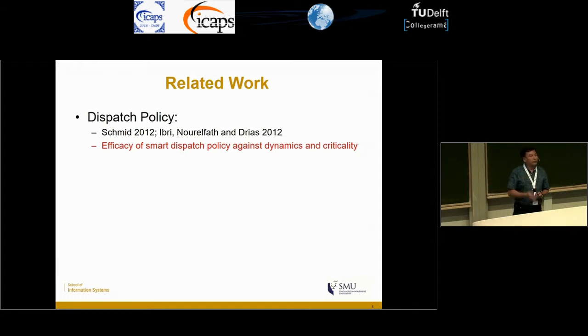But we question the efficacy of this kind of work because in a real context, such smart dispatch policy may not be really operationalizable given the situation on the ground with so much dynamism and so much uncertainty. Whether such smart policy would beat the nearest neighbor policy, we do not know.